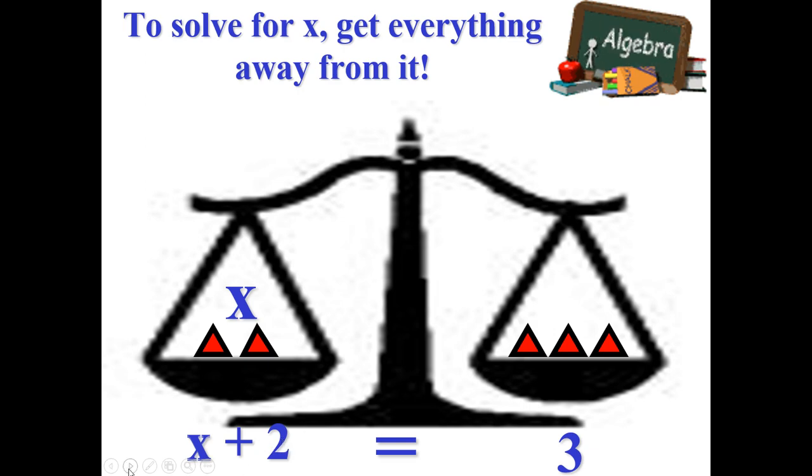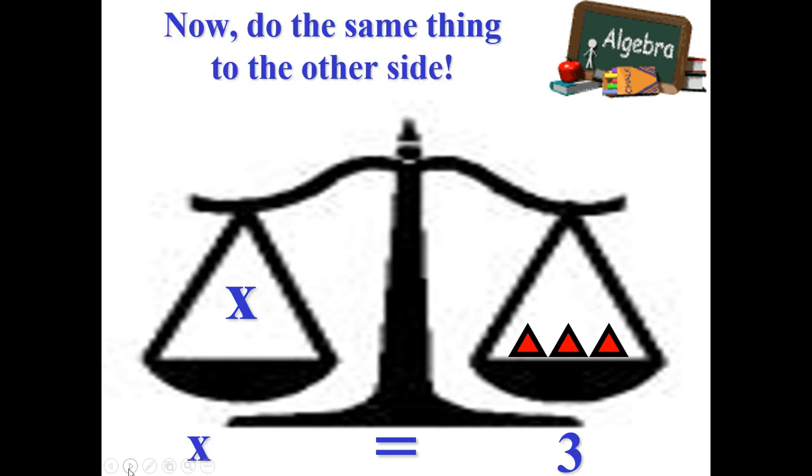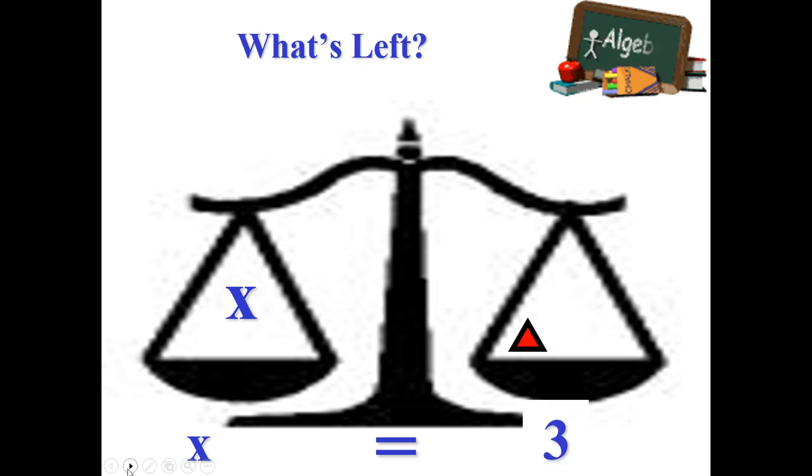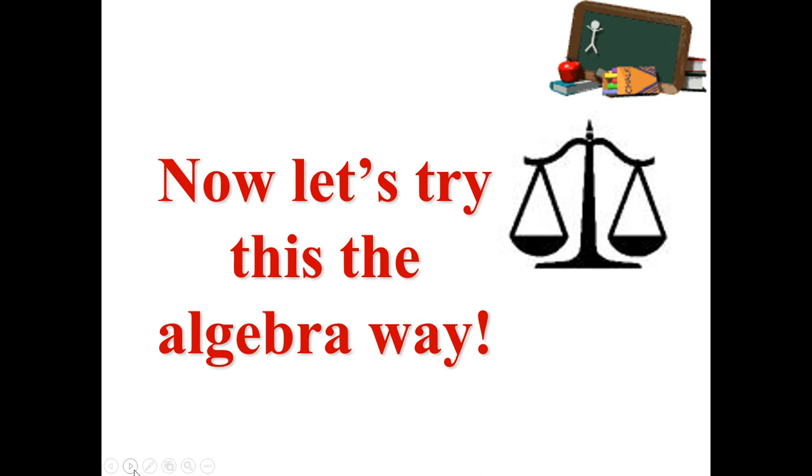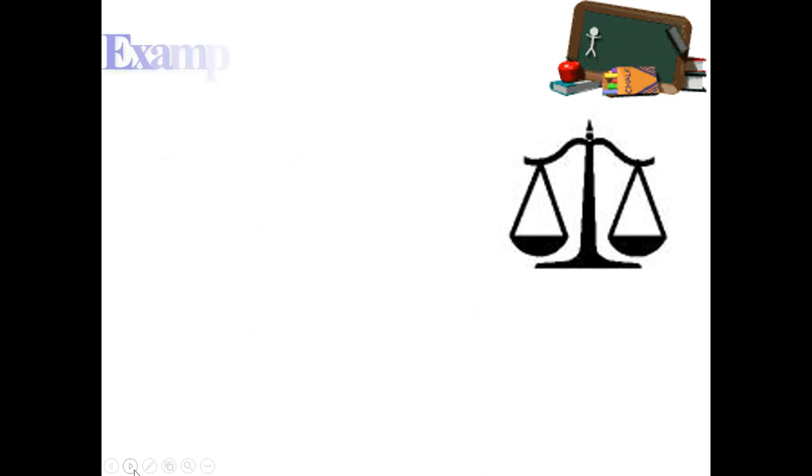So what we do to one side, we must do to the other side. If we take 2 away from this side, we have to take 2 away from the opposite side. What do we have left? We're left with one triangle. So the value of x is going to be 1. x equals 1.